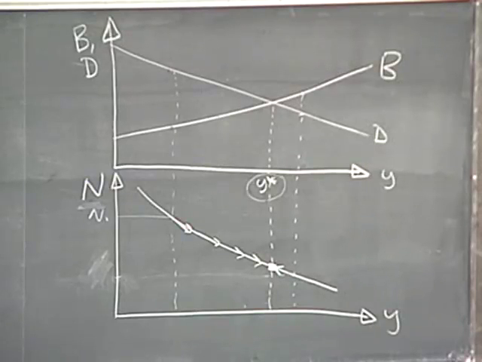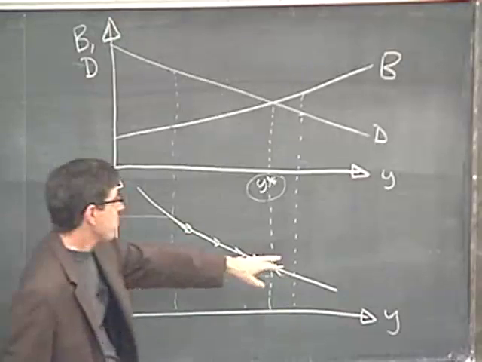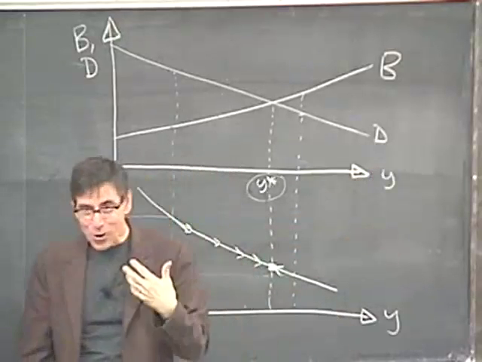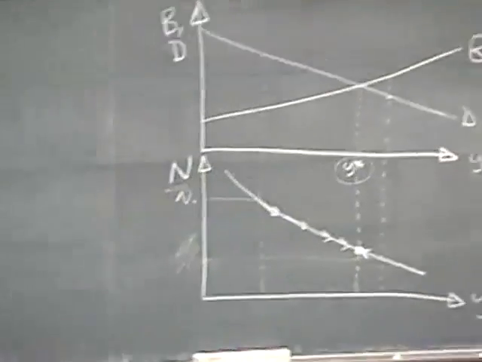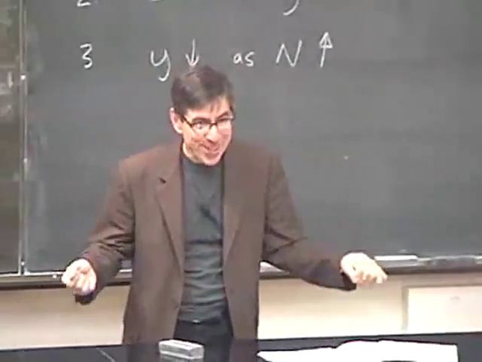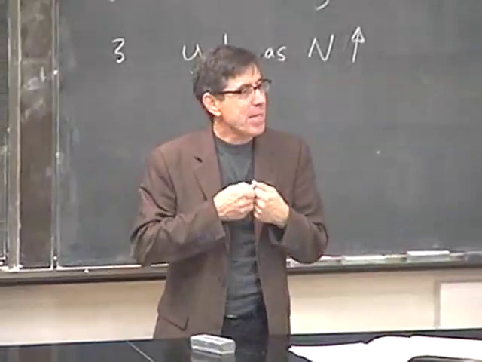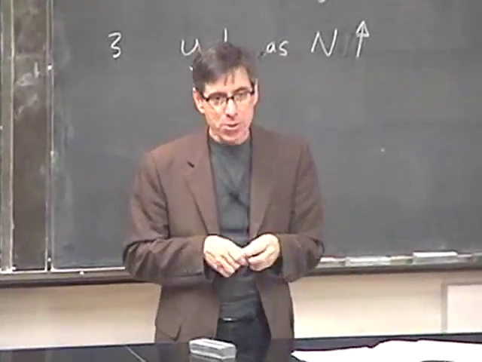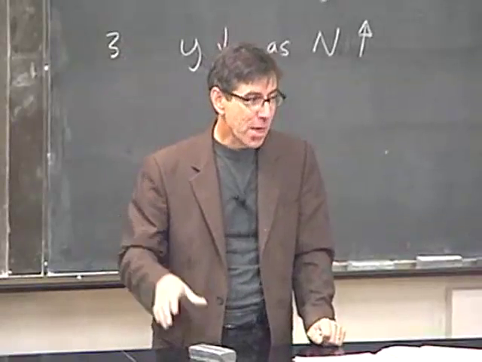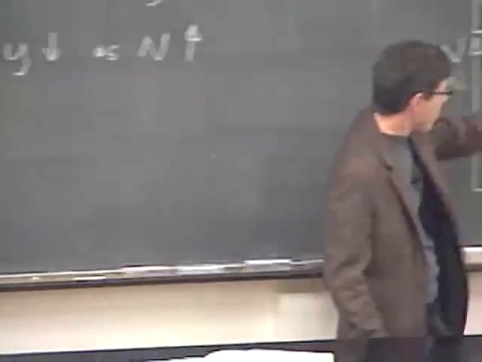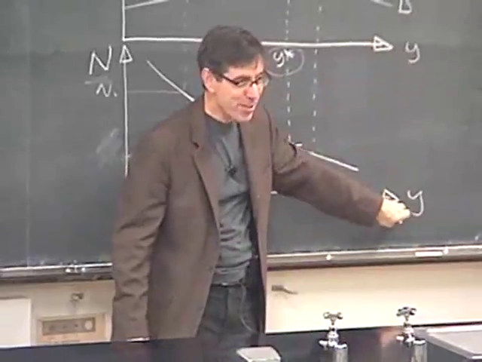Okay? Now, I've done everything here in terms of income because I'm going to also talk about hunter-gatherer societies where there is no such thing as wages, right? Initially, the classical economists who talked about this talked about it in terms of wages. But you can actually redraw this diagram and just put wages here instead of income, right?